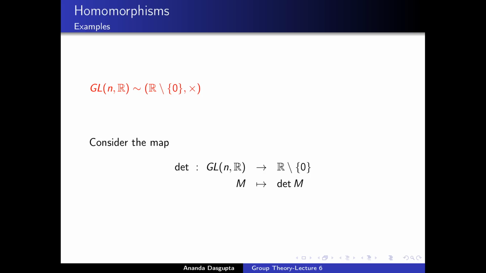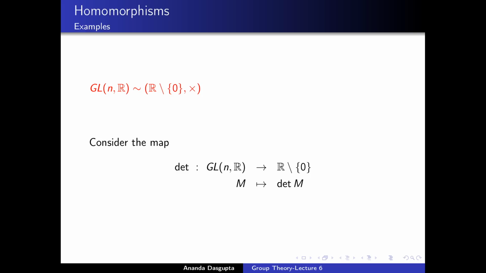Remember, all matrices in GLNR are invertible matrices, so the only possible values for the determinant of M are non-zero real values. But all possible non-zero real values are actually allowed. So this is an onto map, and the fact that it preserves the group property, that is, in this case the property of matrix multiplication, is a familiar result that all of you know.